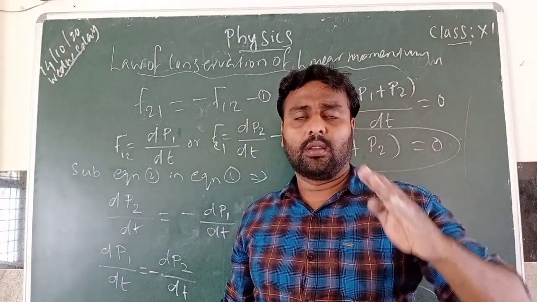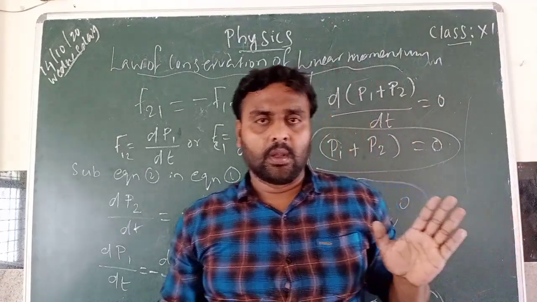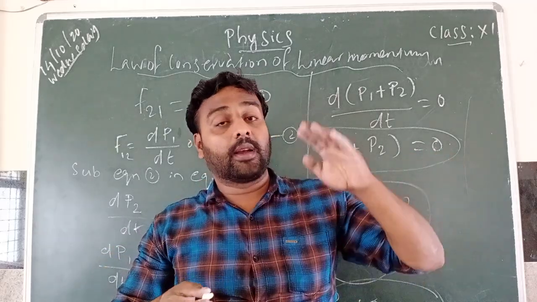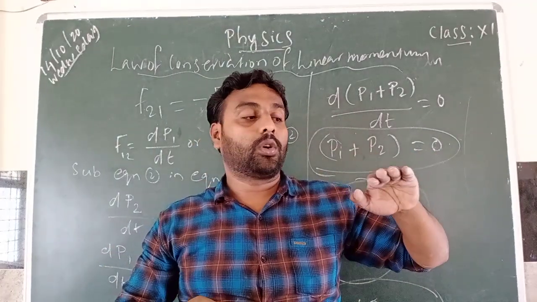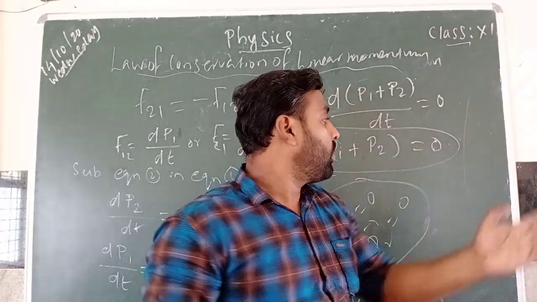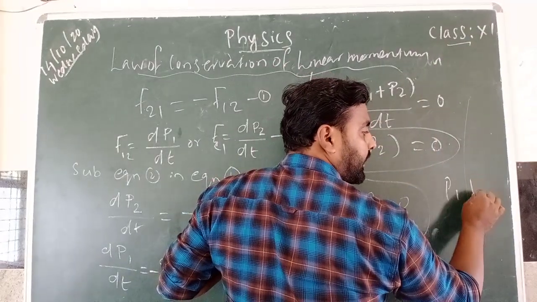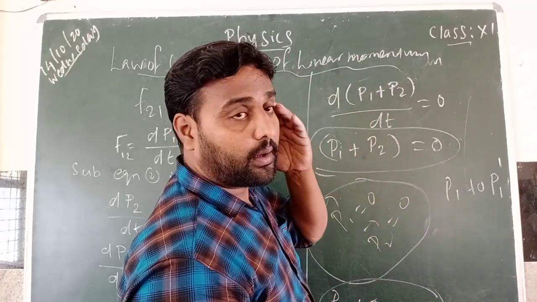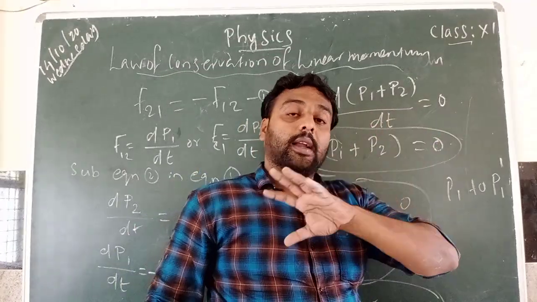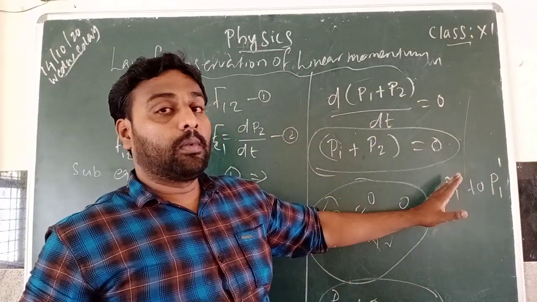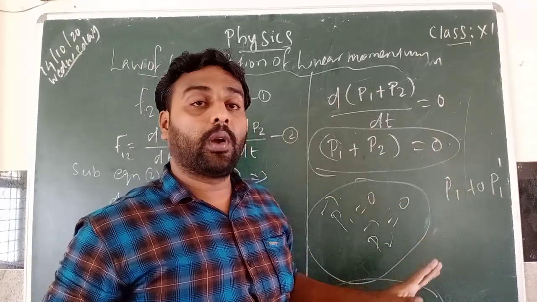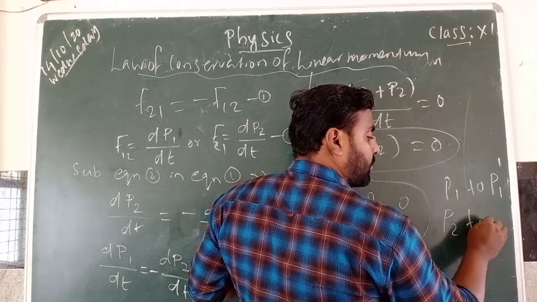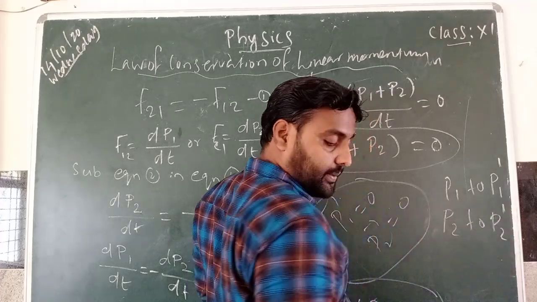Now you know that once the gun is fired, what will happen? The gun is particle 1. So P1 changes to P1 dash. Remember, listen here. Once the gun is fired, P1 is changed to P1 dash, as well as P2 is changed to P2 dash.